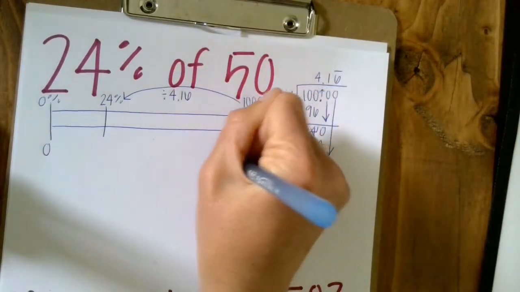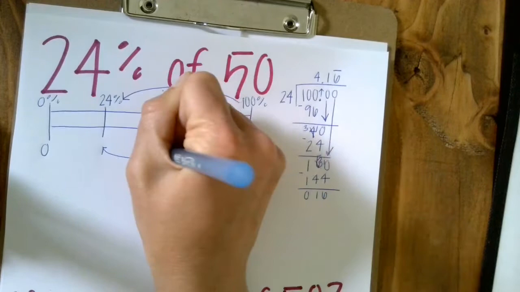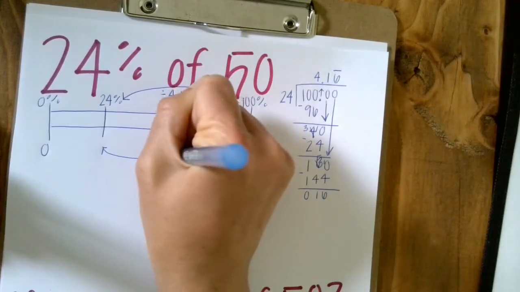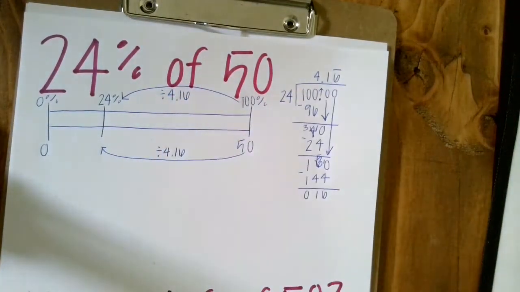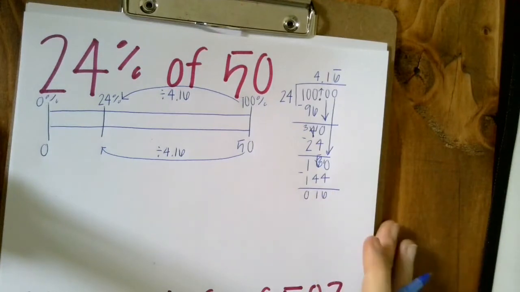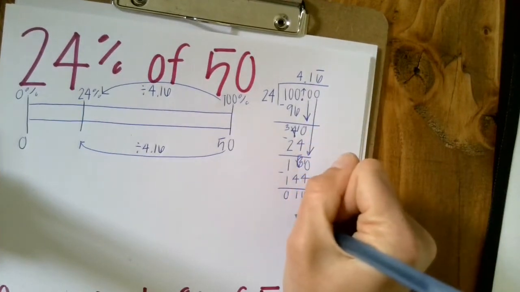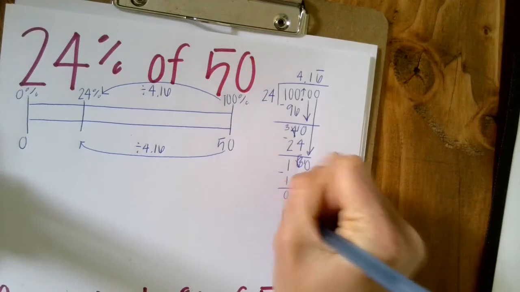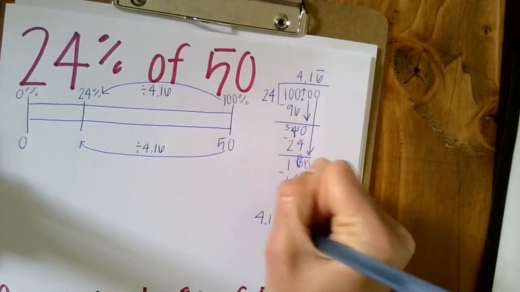That also means I now need to divide 50 by 4 and 16 hundredths. So again, off to my side of my paper, 50 divided by 4 and 16 hundredths.